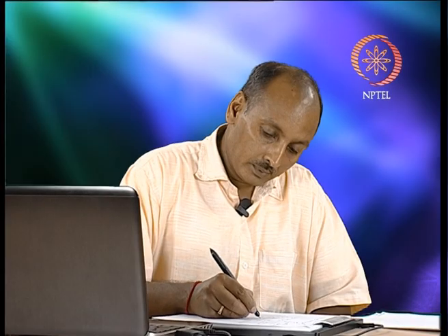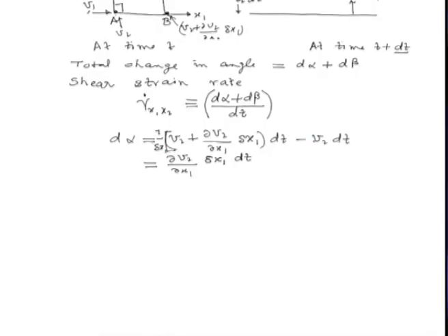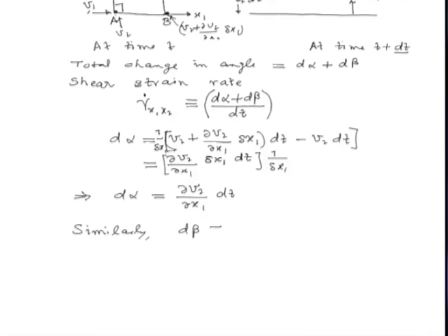In fact, d alpha is an angle, so we have to divide it by the arc length, which is delta x1. This whole thing is multiplied by 1 over delta x1. So, hereby we obtain d alpha is equal to del v2 over del x1 dt. Similarly, we can obtain the expression for d beta. So, d beta would be given as del v1 over del x2 times dt.